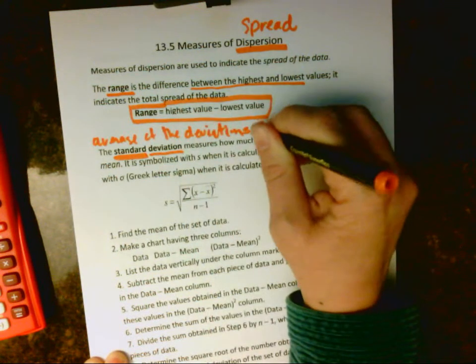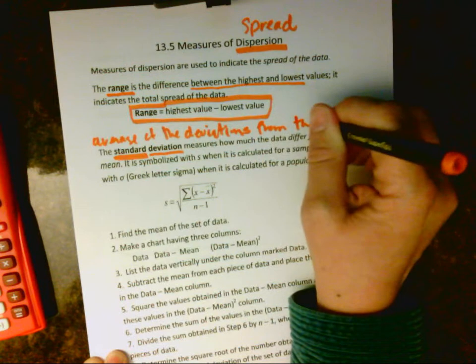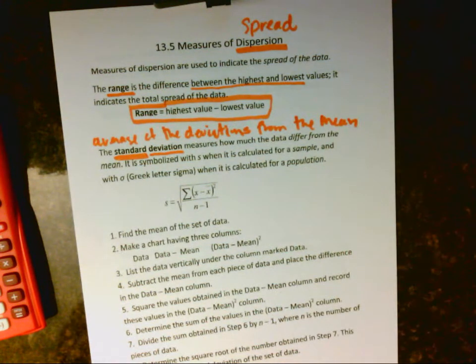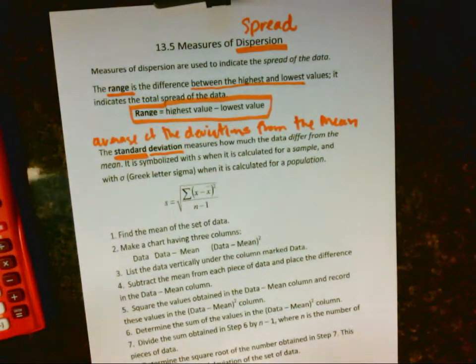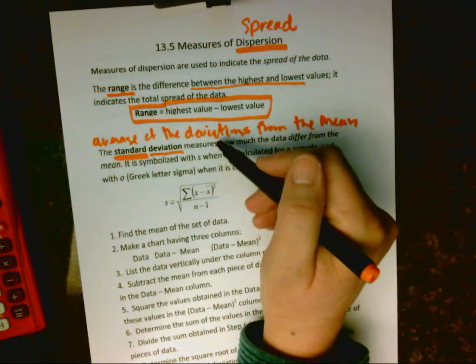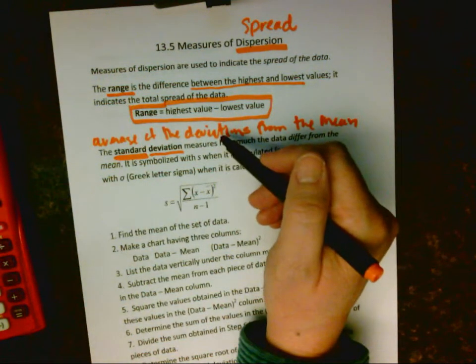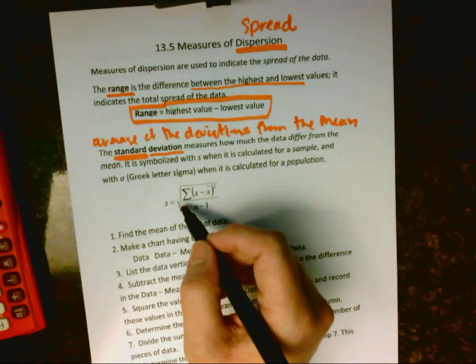Average of the deviations from the mean. Okay, we have several measures for average, right? The mean is the measure that we're specifically talking about here. So we're going to take the deviations, measure how far things are from the mean, and average those up to calculate the standard deviation. Here's the formula that is being used.